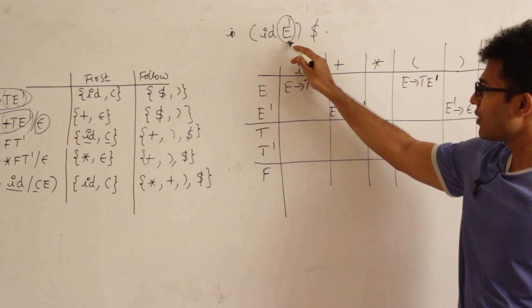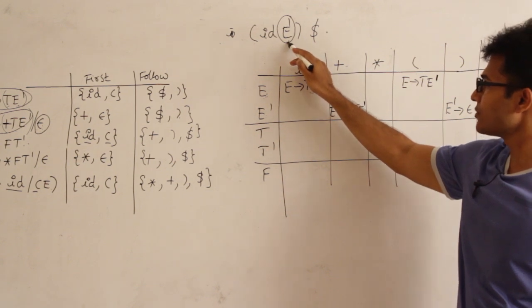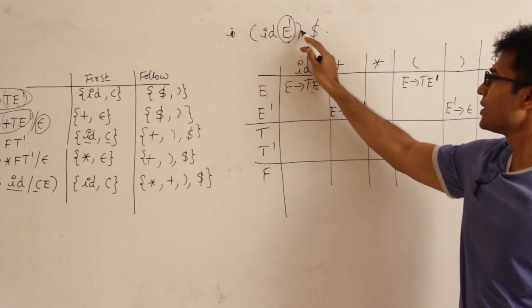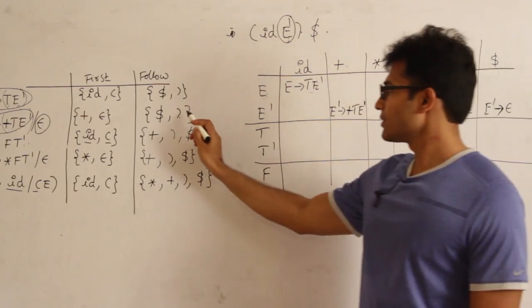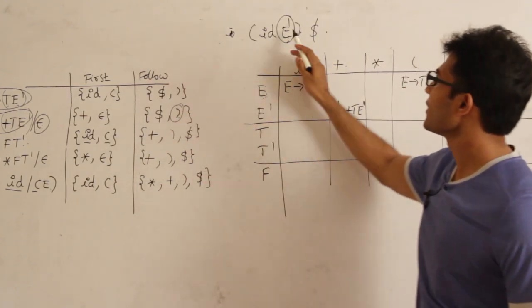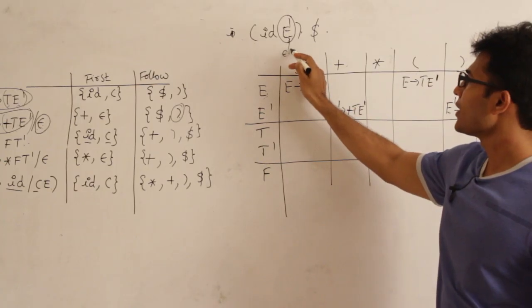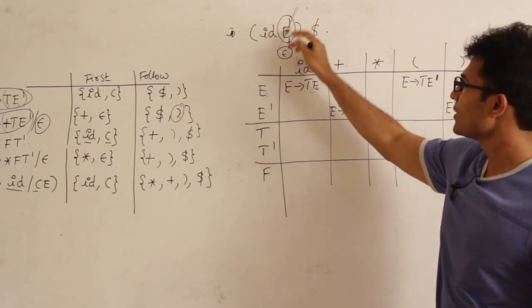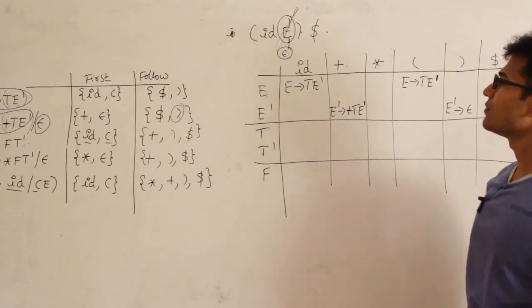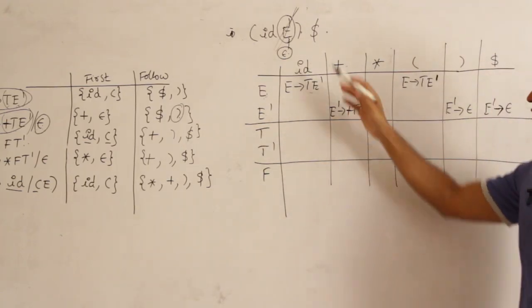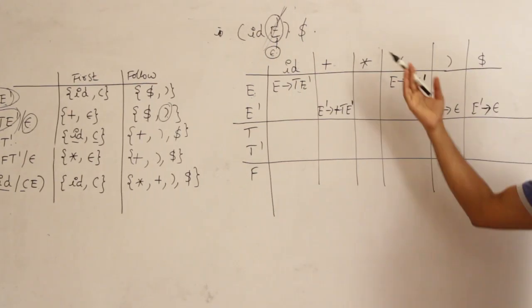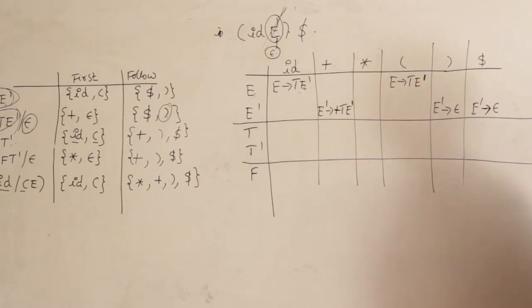I could use epsilon production, provided that the next symbol is in follow of E dash. If the next symbol is in follow of E dash, then I can use epsilon. It is nothing but, can you make that variable vanish? You can make it vanish only if the next symbol in the derivation is in follow of that variable.